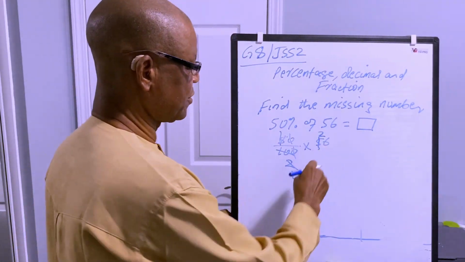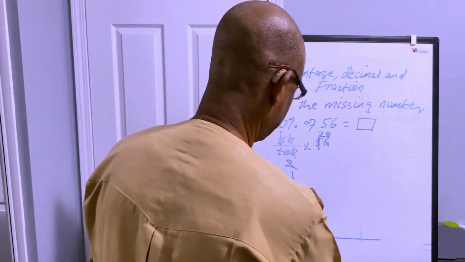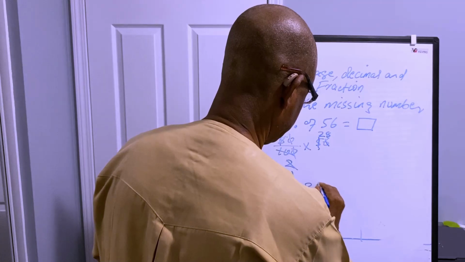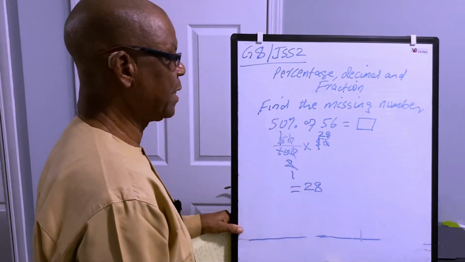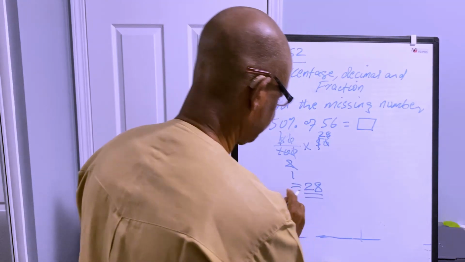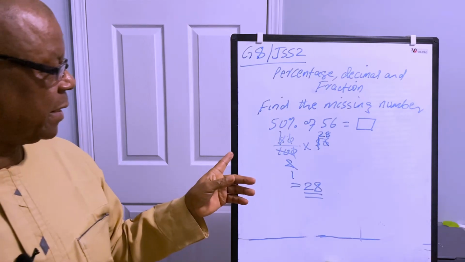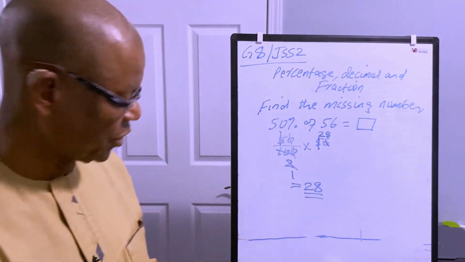That 1 on this 6 is 16, divided by 2 is 8. So our answer is 28. So the missing number is 28. I hope that one is clear. We're talking of percentage.